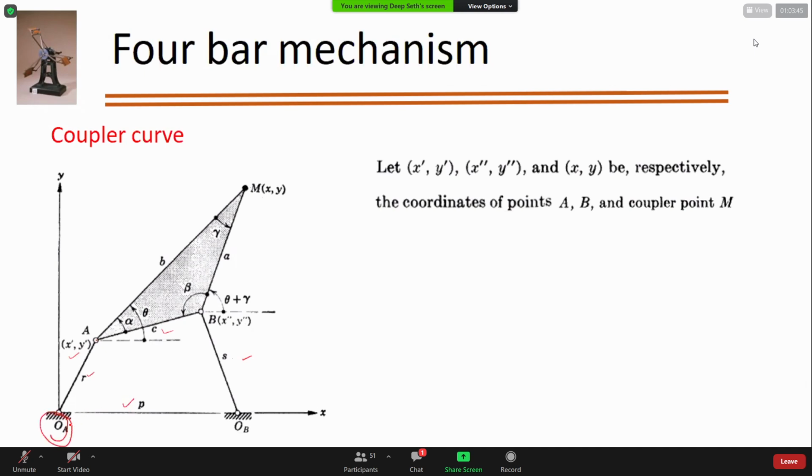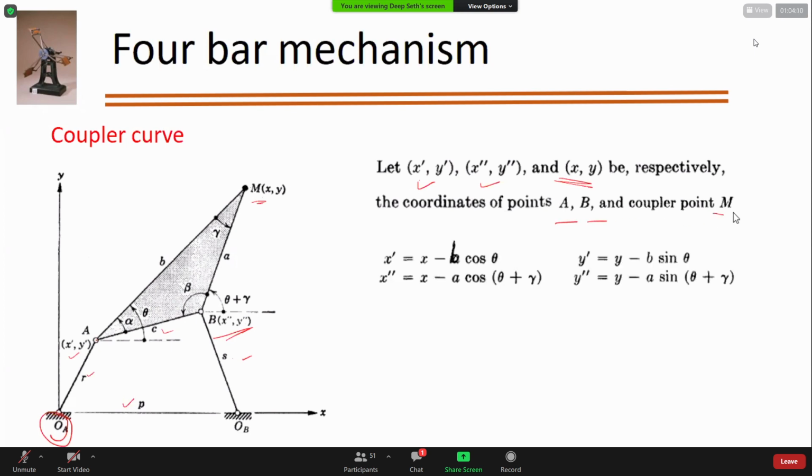With respect to this frame, I'm defining all these coordinates. So A is x dash, y dash. B is x double dash, y double dash. And M is x, y, which is actually forming a curve. So these are the coordinates for points A, B and coupler point M.